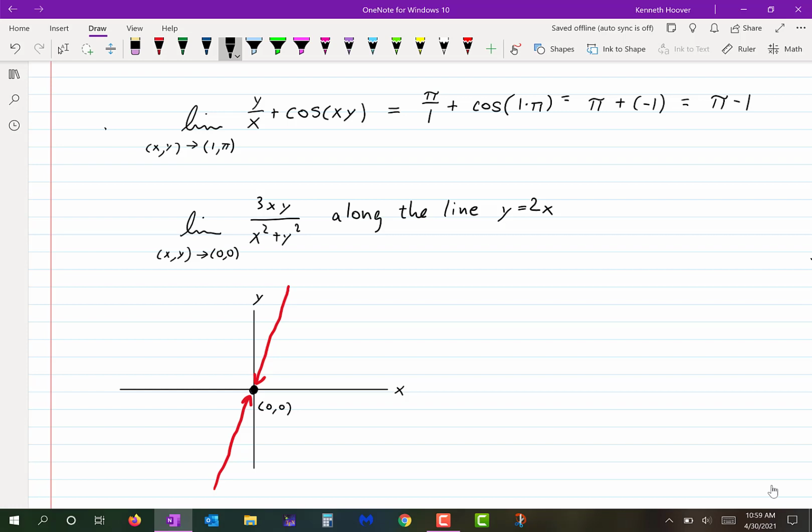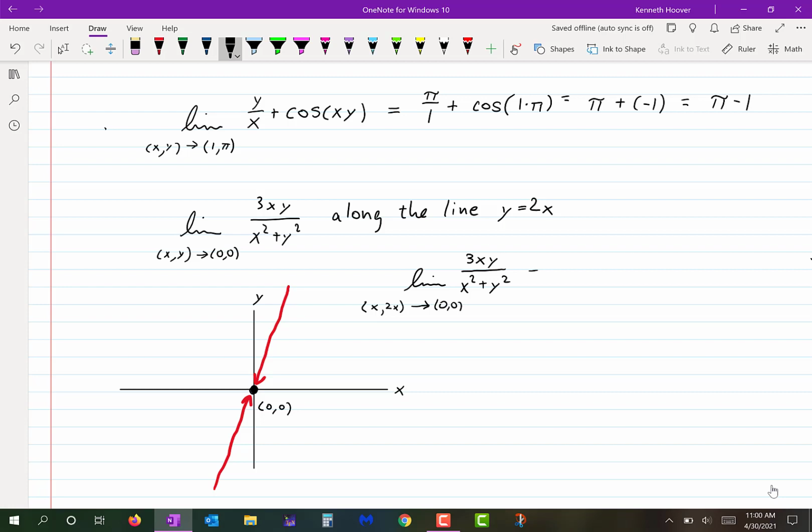You can even write it like this, by the way. You can even write the limit of 3xy over x squared plus y squared. And you can literally write, instead of x comma y, you can write x comma 2x approaches 0, 0.